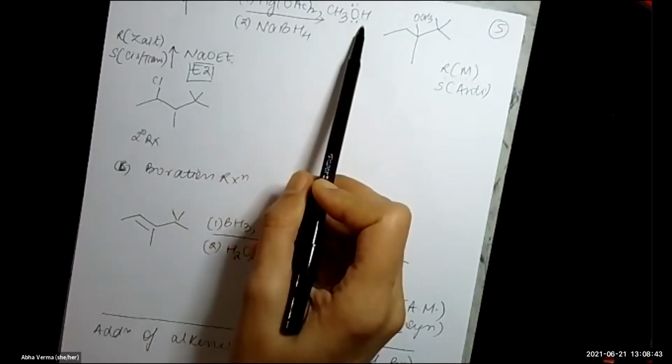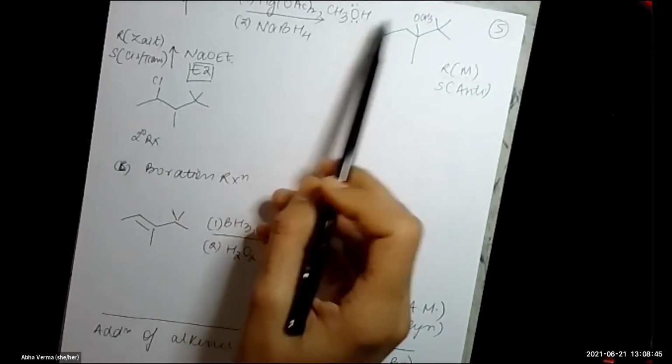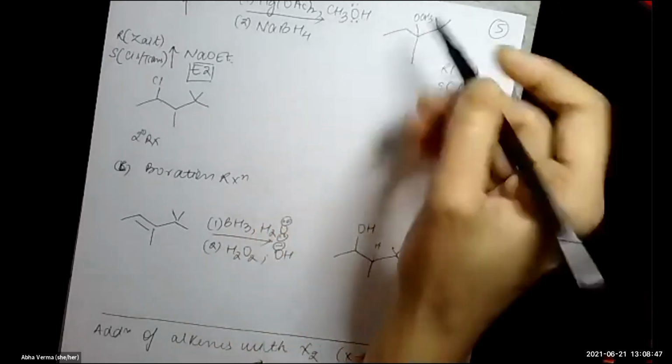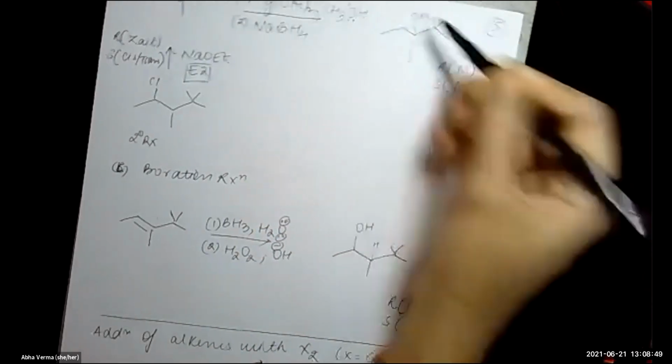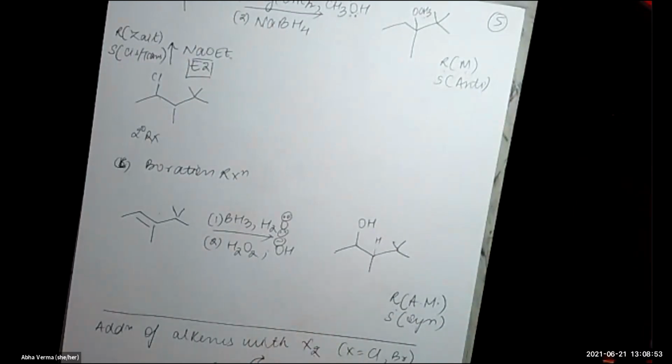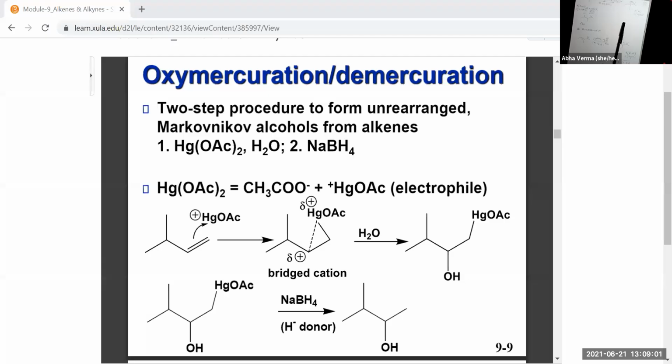If you have any other protic solvent also, that will be the one we'll be attaching here. What is the mechanism? We looked at the mechanism. It was a bridged intermediate, something like this.